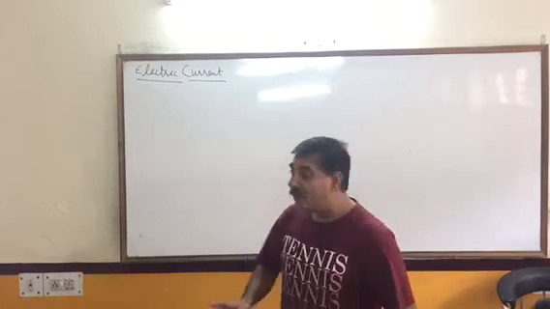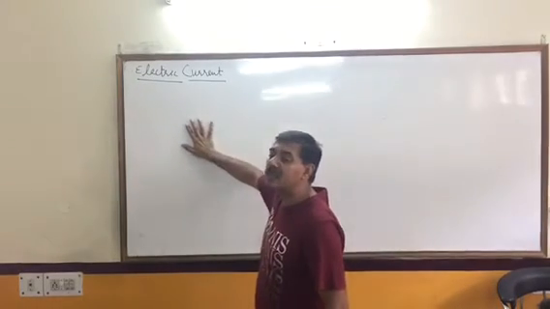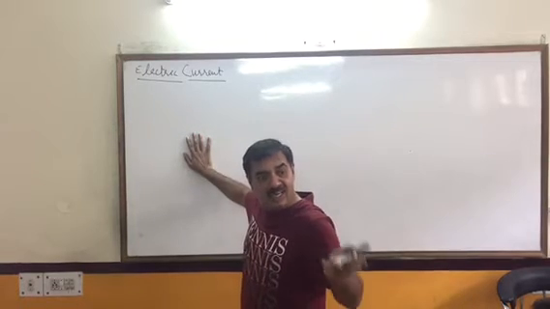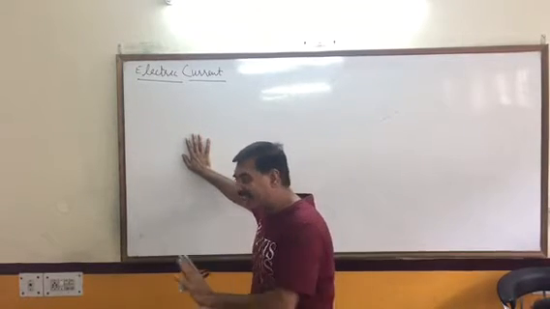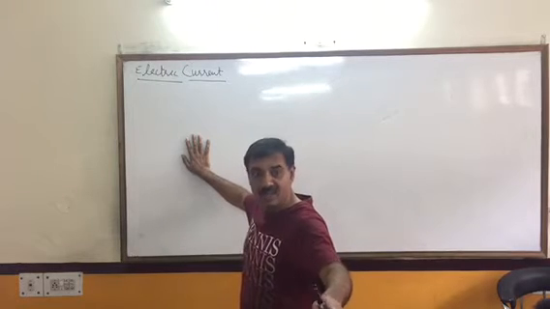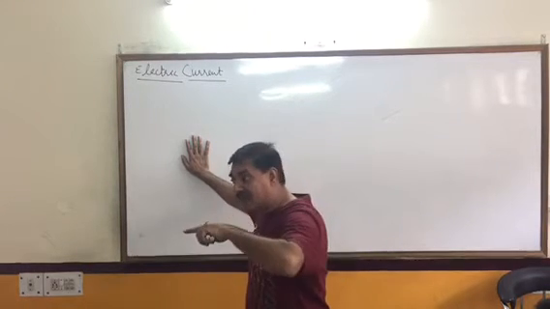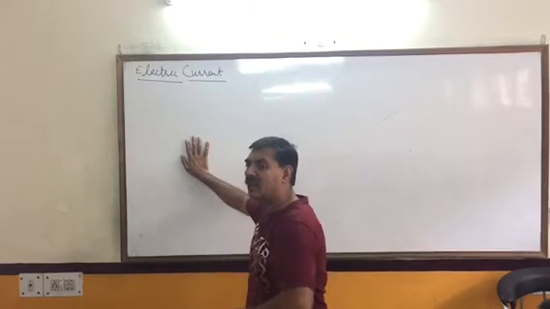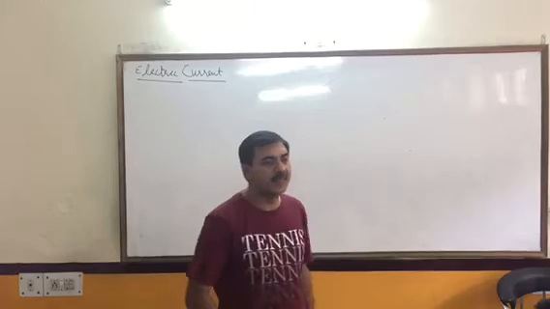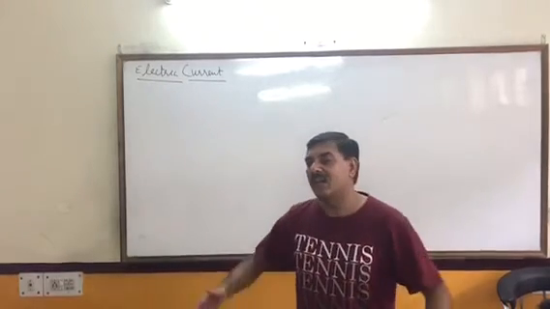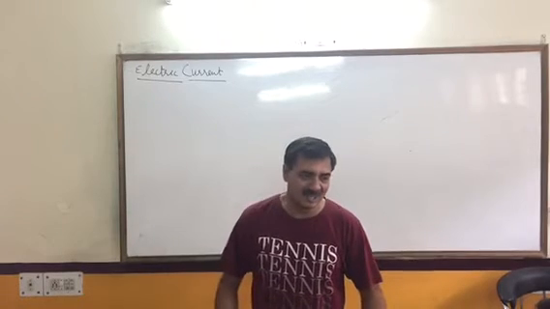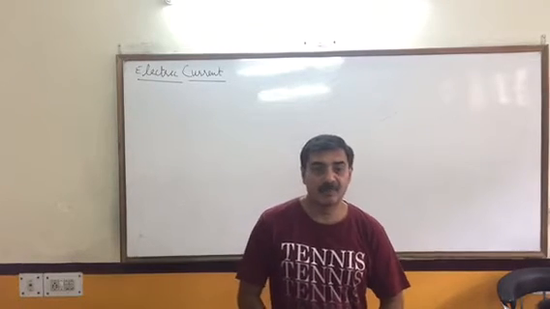But when we apply a potential difference across the ends of a conductor, we are actually establishing an electric field inside the conductor. So in this situation, there is an electric field within the conductor, and that is what is making the electrons move from one end to the other. Potential difference and electric field are synonymous things. The rate of change of potential is called electric field.